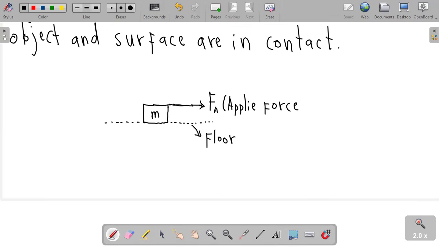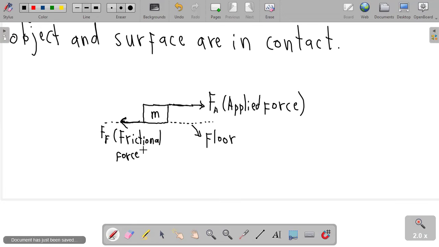If the applied force is to the right, it means the frictional force between the object and the floor will be to the left. So here you have FF, which is frictional force. This is applied force, and this is frictional force.